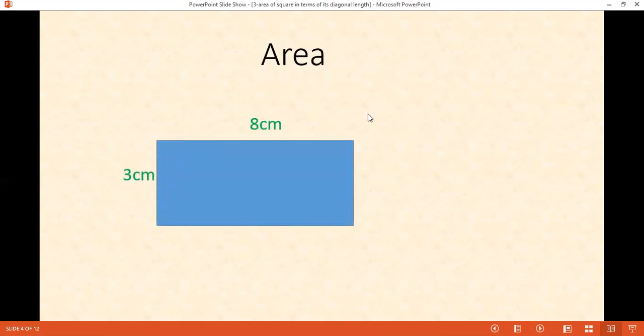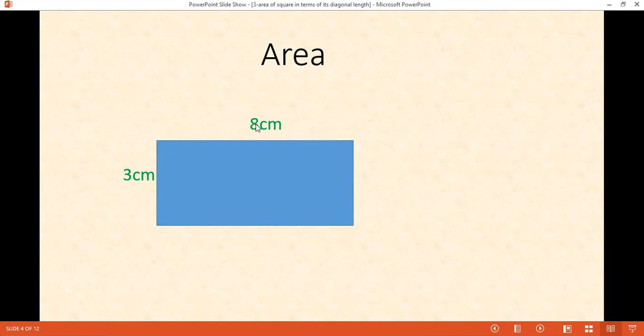Before we talk about the area, we know that the perimeter of anything is the sum of each side. So when this one is a rectangle, it has different sides, so its perimeter equals what? Length plus width, by 2.